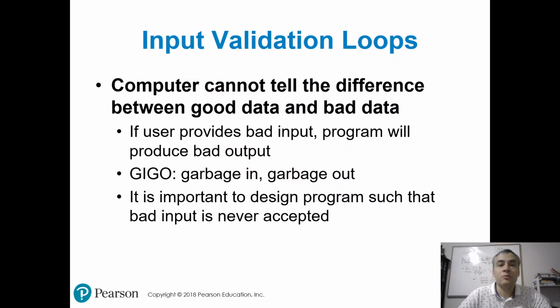We cannot assume that the user is competent or knows what's going on under the hood of our program. So this is a principle: garbage in, garbage out. If you give bad input, it produces bad output unless it is handled otherwise. So we want a program where bad input is never accepted.